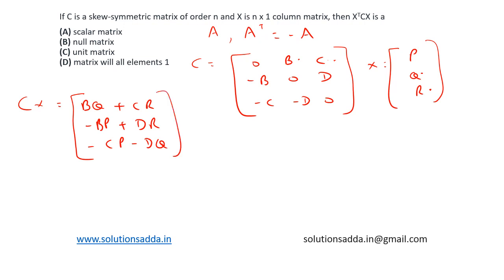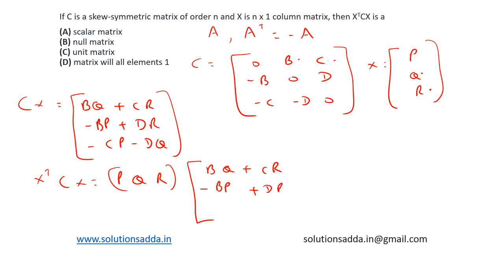This is Cx. Now X transpose Cx is P Q R, that is X transpose, multiplied by BQ plus CR, minus BP plus DR, minus CP minus DQ.